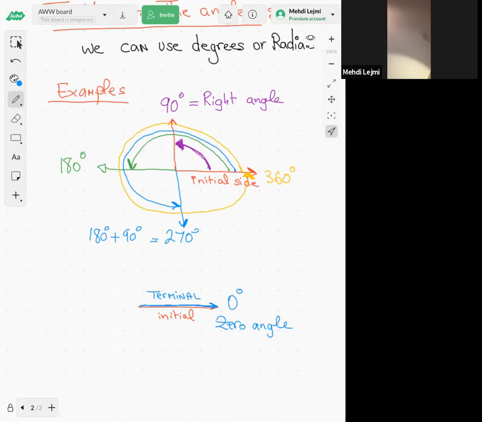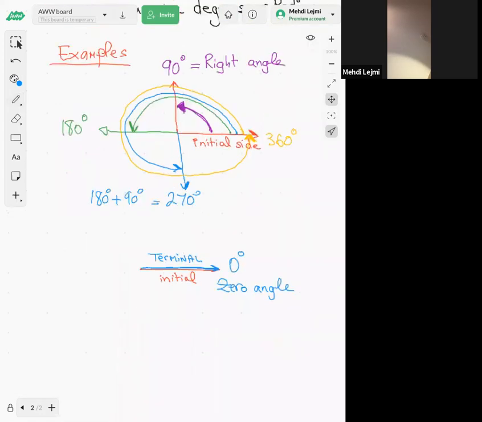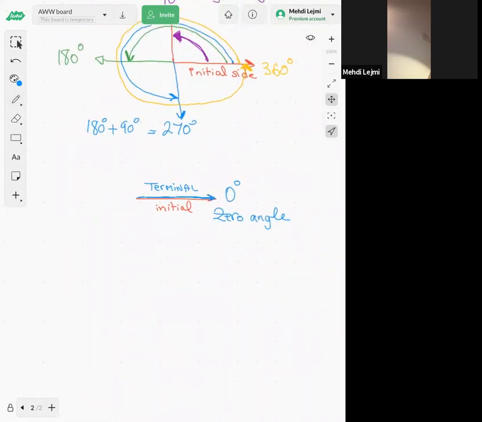Now the question, of course, is how do we convert degrees to radians? And first, what's the relation between degrees and radians?